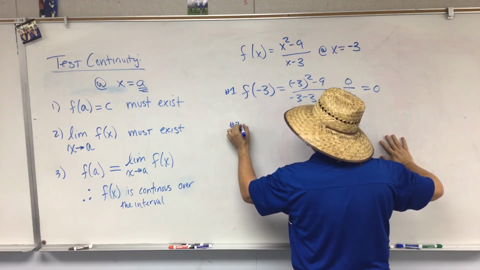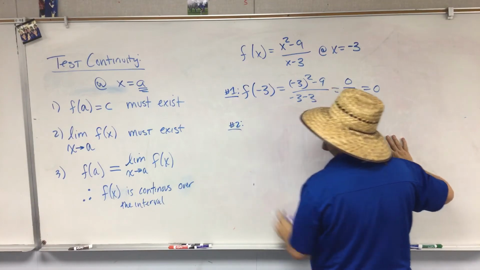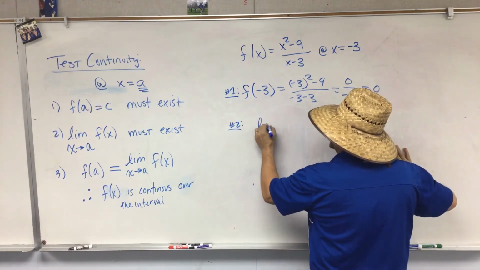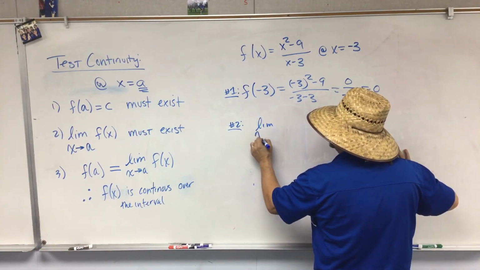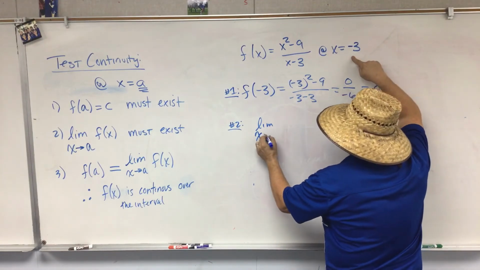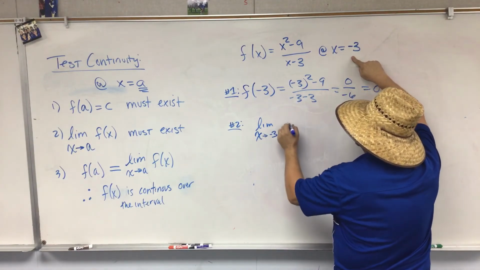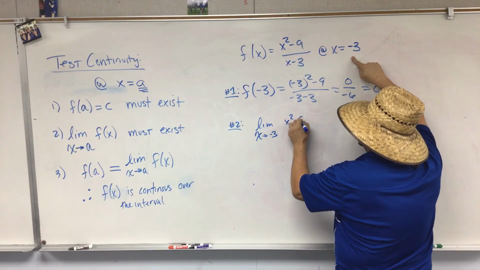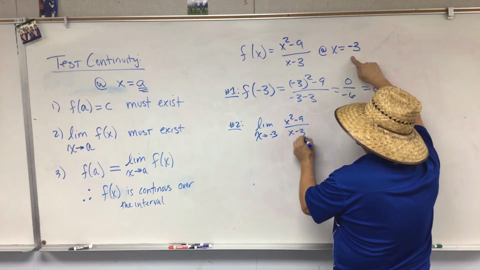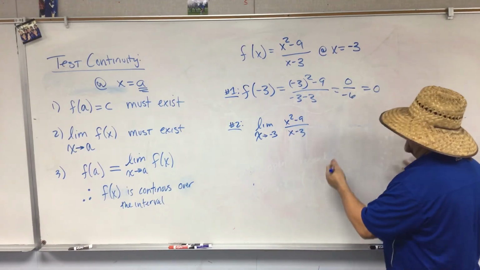Step 2, there are 3 steps to this. I need to know the limit as x approaches a, which is -3, of x squared minus 9 over x minus 3. Well, what's our rule? Plug it in.